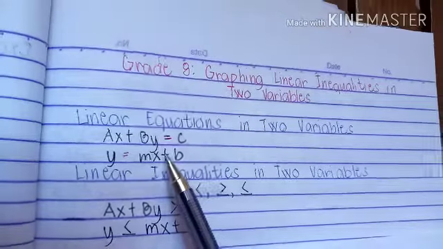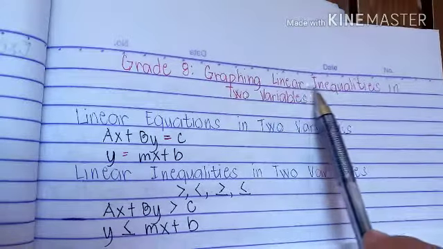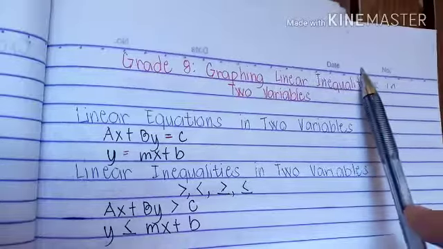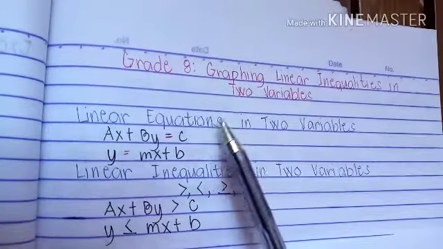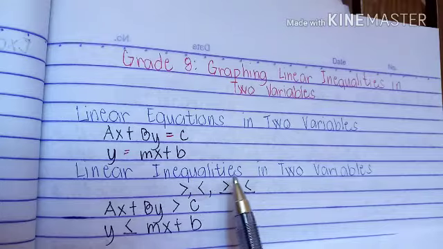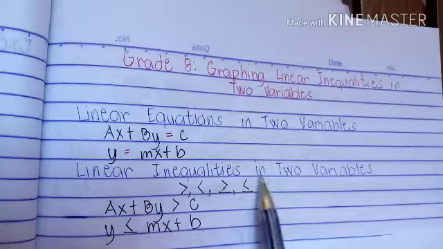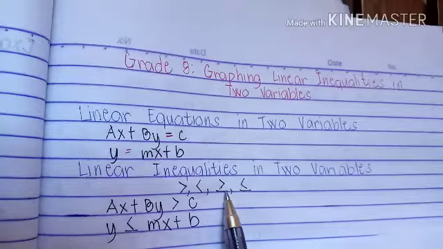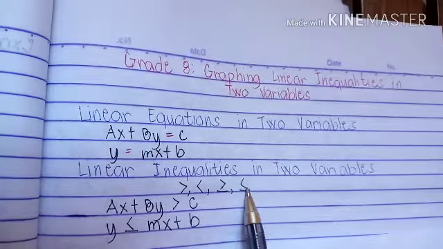Now, since our topic for today will include linear inequalities, when we say inequalities, these are equations, but we're going to use the inequality signs. So I hope that you remember these signs: greater than, less than, greater than or equal, and less than or equal.